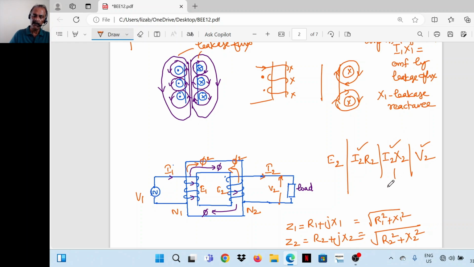The magnitude of I2X2 is the EMF induced by the leakage flux. So E2 minus these two voltage drops will give you the terminal voltage V2.